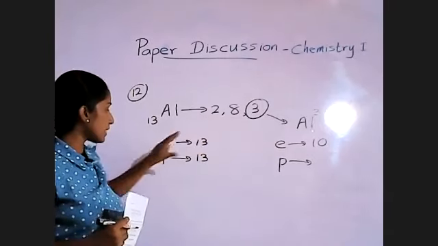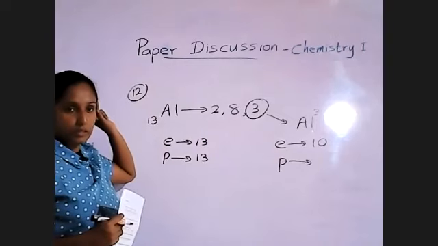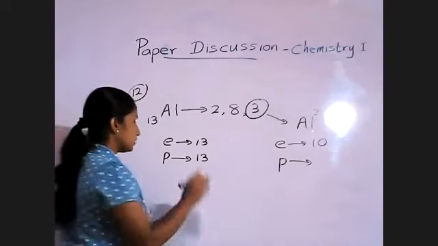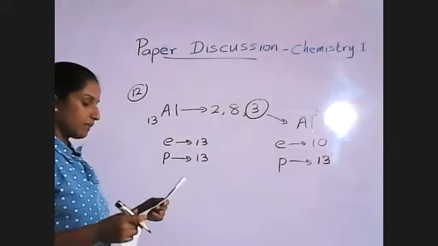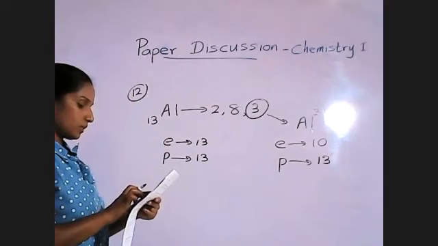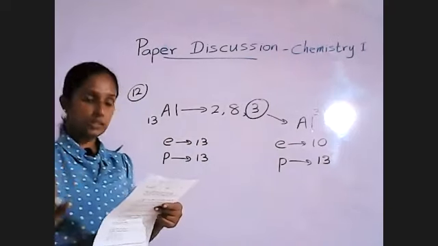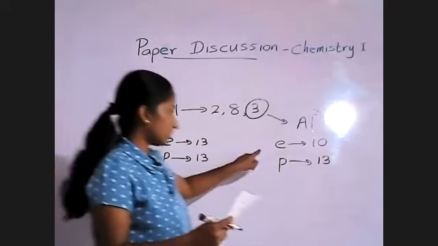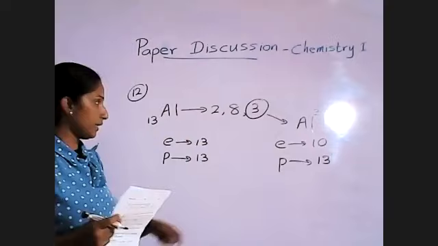There is no change in the number of protons or the number of neutrons. They remain constant. So the number of protons is again 13. Then what is the answer? The number of electrons and the number of protons respectively. Electrons 10, protons 13. First answer, right?